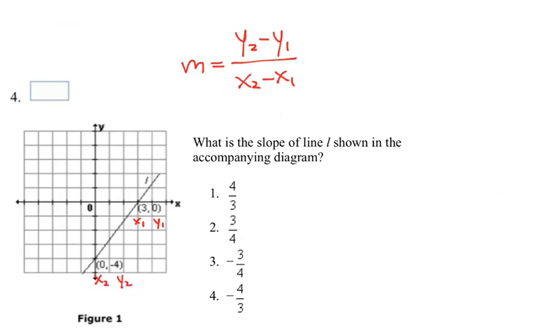We can go either way, it's perfectly fine. So our slope would be equal to -4 minus 0, y sub 2 minus y sub 1, and then going by the same order, 0 minus 3. So we end up getting -4 over -3, which becomes 4 over 3. So choice 1 becomes our answer once again.